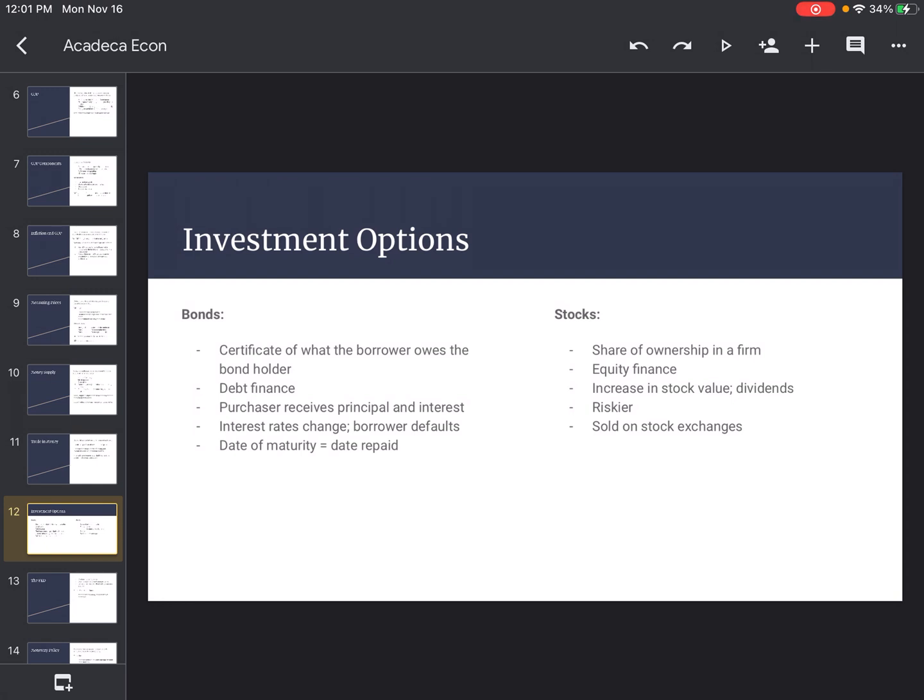The company doesn't necessarily have to say, hey, stockholders, sorry, we lost all the money, we'll pay you back. No, they don't have to do that. And then the means of doing so is sold on stock exchanges, or in the modern era through finance programs and other apps. It's a lot easier to be involved with stocks nowadays.